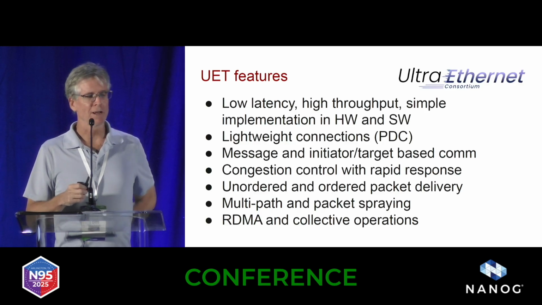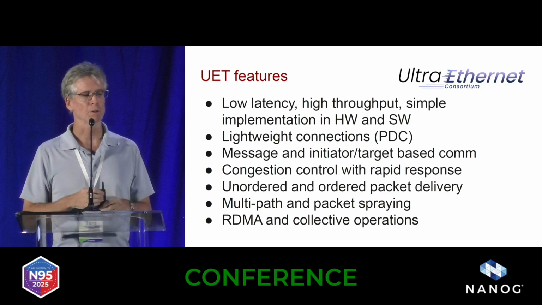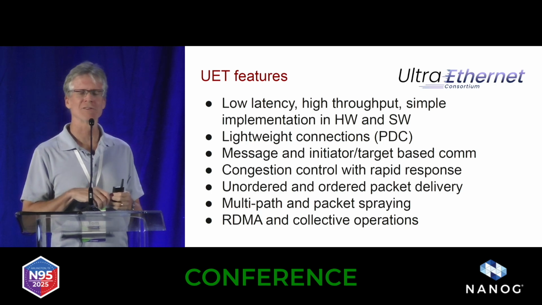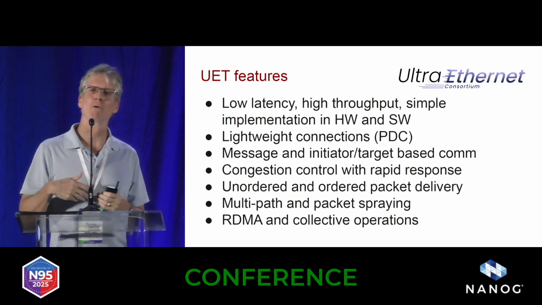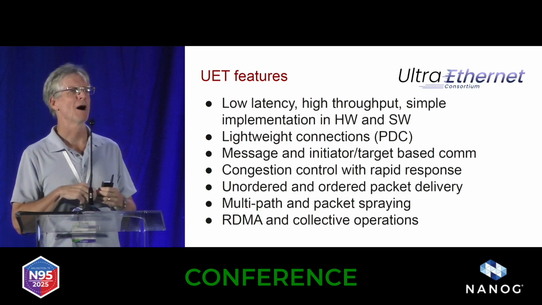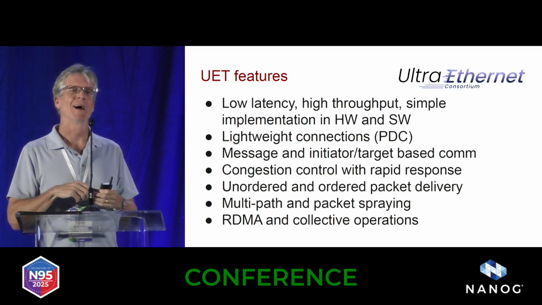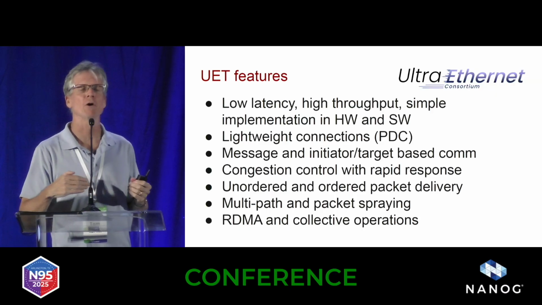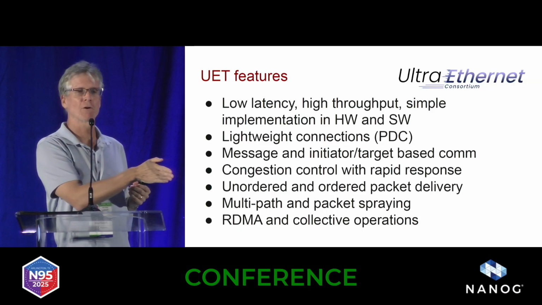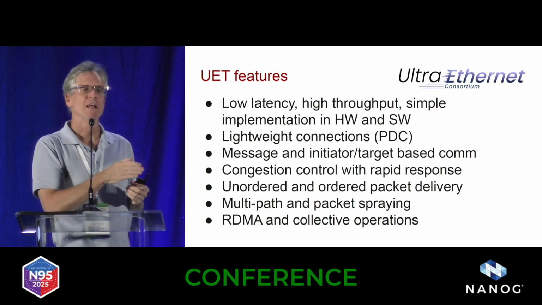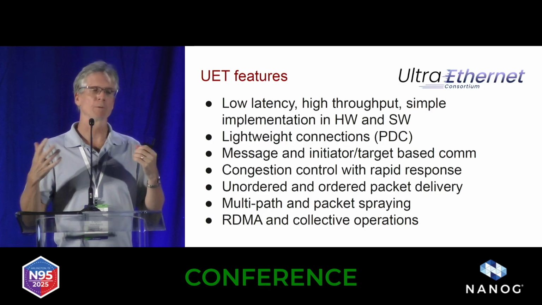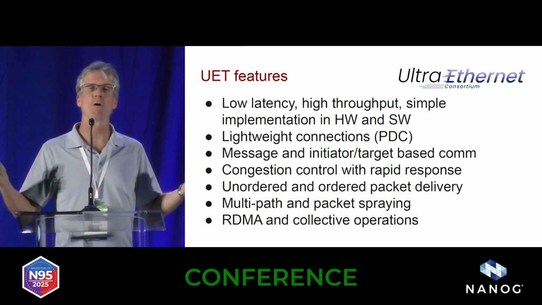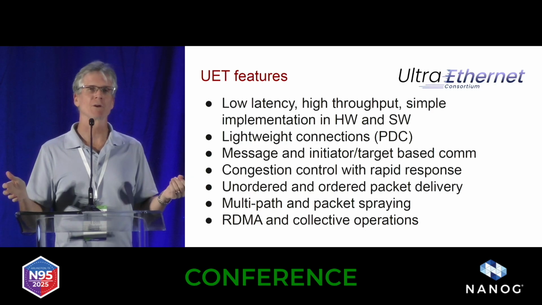Multipath and packet spraying, this is a really critical one. For those of you who are running data center networks, you're probably looking more and more into packet spraying techniques. This means that instead of a single connection or a single flow following a single path through the network, like the old days, nowadays people are starting to spray those across all paths, even for a single connection.